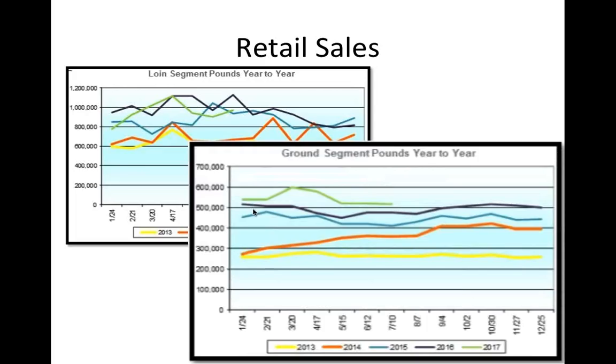Then if we look at a similar effect, ground lamb has increased quite a bit. You can see 2013, 14, 15, 16, and 17, each year is incrementally higher, which is a good thing. More people are eating ground lamb, but they don't have a seasonal effect. So it's not like we can produce lambs leading up to Christmas and Easter and sell the whole lamb at that season, because different segments of the lamb have different demand seasons.